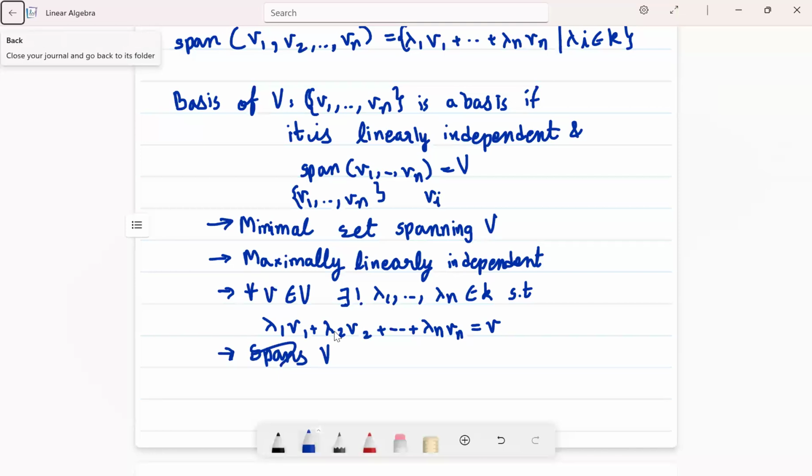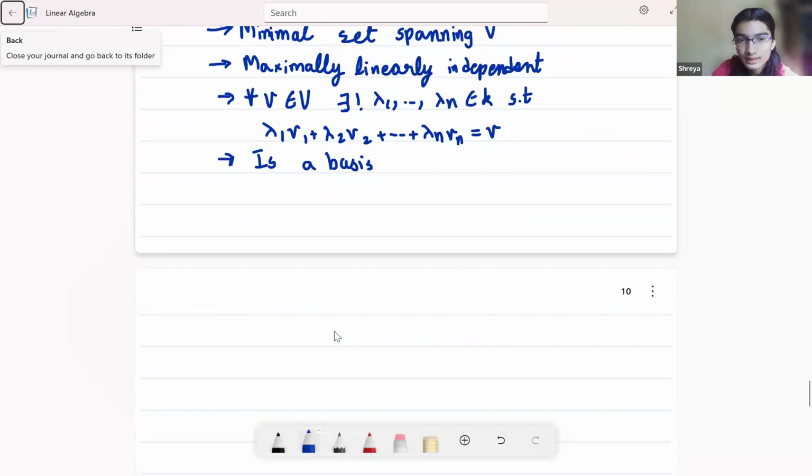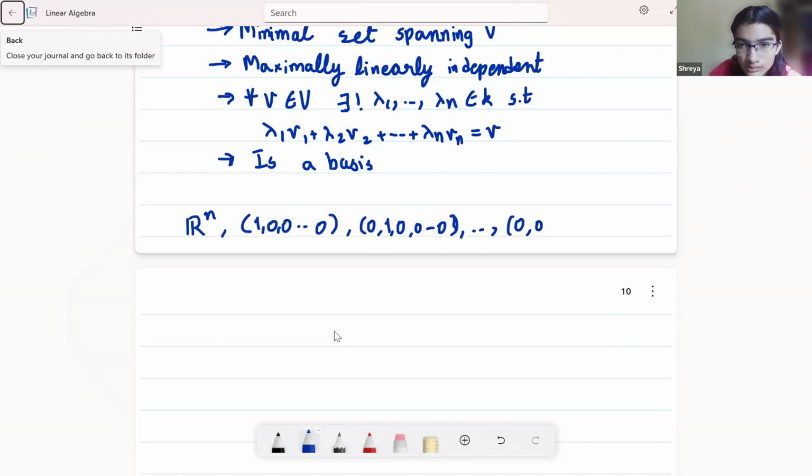Also, do you want to talk about an example of a basis in some vector space? Okay, true. I should talk about an example. The most standard example is that if you have something like R to the n, or k to the n for that matter, then (1, 0, 0, ..., 0), (0, 1, 0, ..., 0), and so on, these things form a basis.